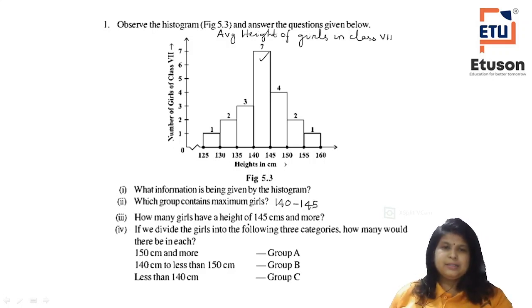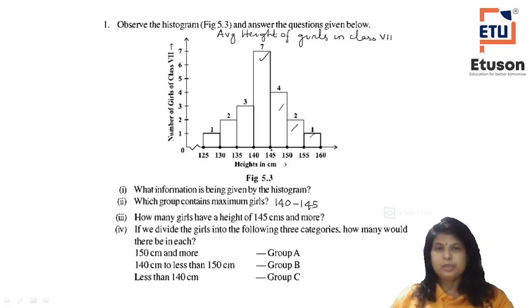How many girls have a height of 145 centimeter and more? That means anything beyond 145. That means you can consider all three bars, right? 145 and more means 145 till 160.